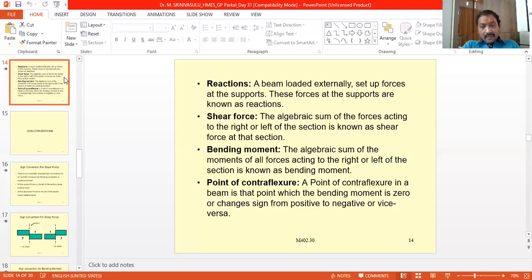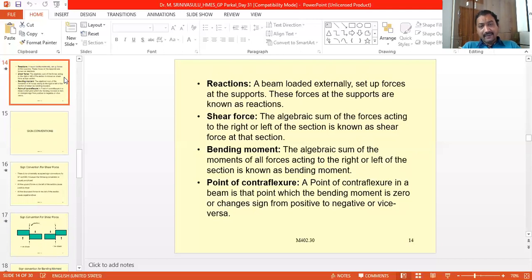One of the important things is that whenever the shear force is zero, at that point the bending moment will be maximum.